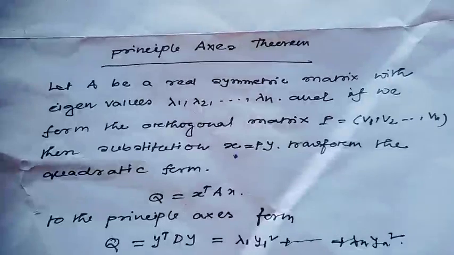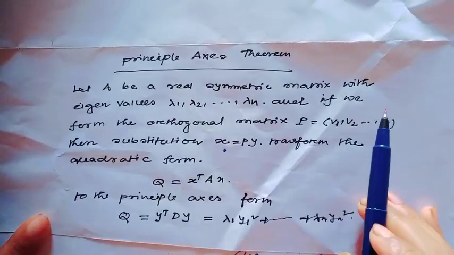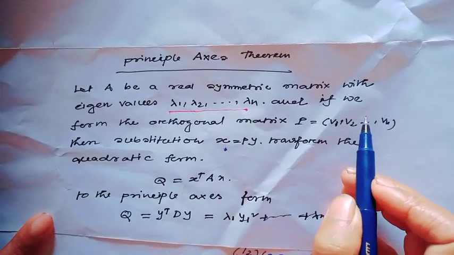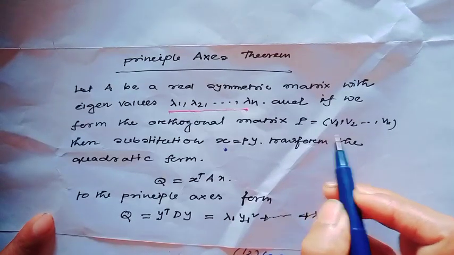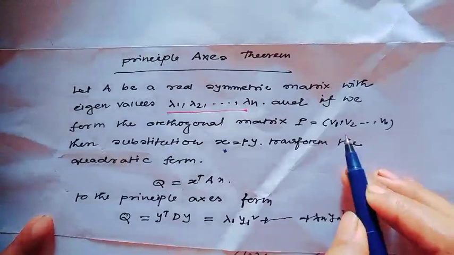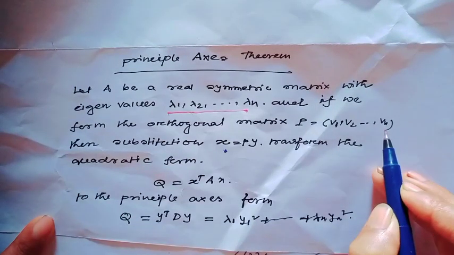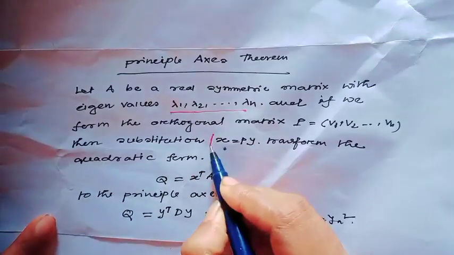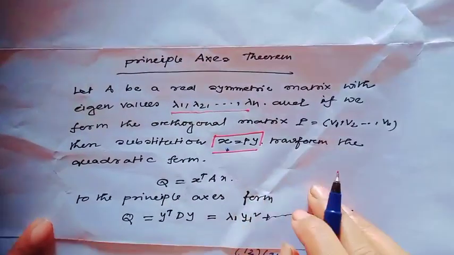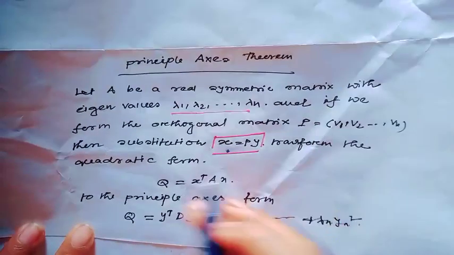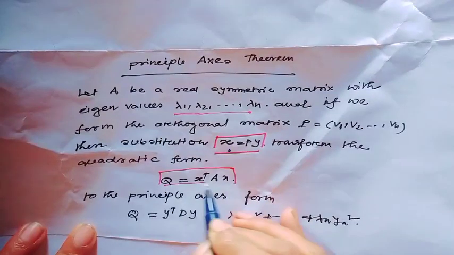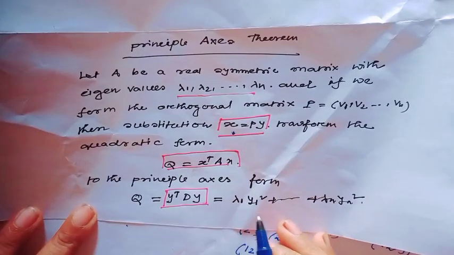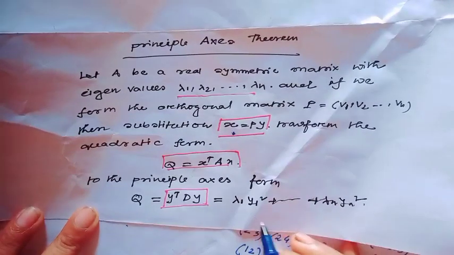Actually, the principal axis theorem is: let A be a real symmetric matrix with eigenvalues lambda 1, lambda 2, up to lambda n, and if we form the orthogonal matrix P equal to v1, v2, up to vn, where obviously v1, v2, vn are the eigenvectors, then substitute x equal to Py, and after substitution transform the quadratic form x transpose Ax to the principal form y transpose Dy, which is actually lambda 1 y1 square up to lambda n yn square.